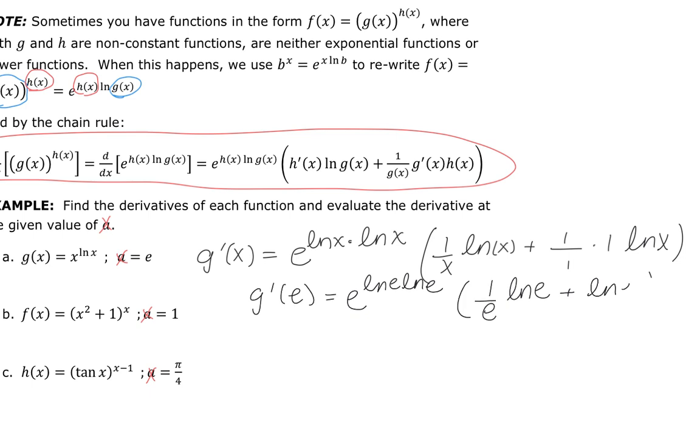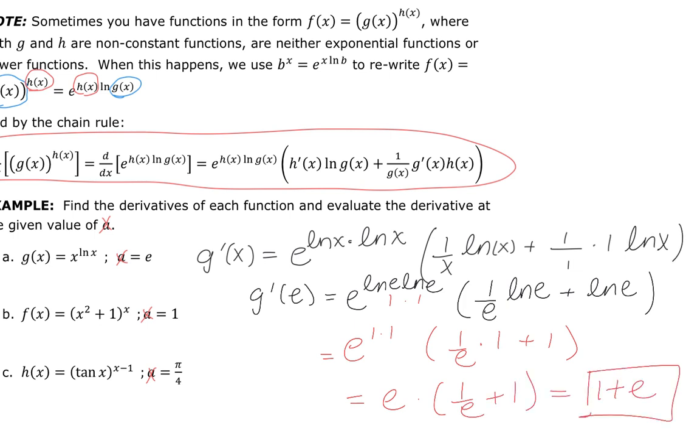OpenStax has a really nice pre-calculus book, or some other place to find the rules. And when we have the natural log of e, that is just 1. So this is going to be e raised to the 1 multiplied by 1. And then I have 1 over e multiplied by 1 plus 1. So this is all going to be equal to e multiplied by 1 over e plus 1, which just gives me 1 plus e. And that is my final answer.